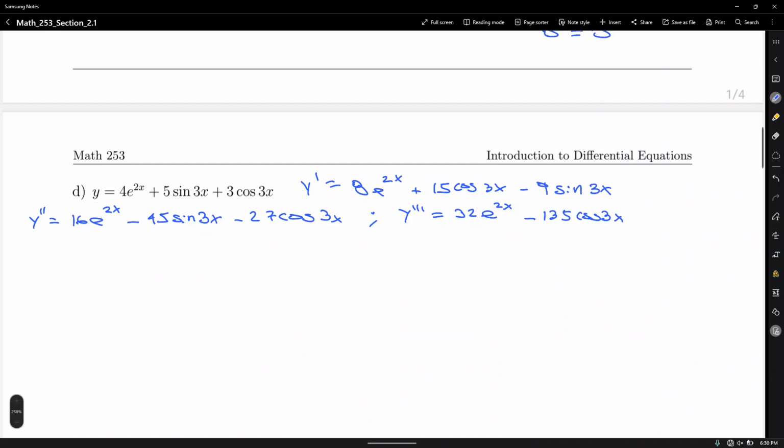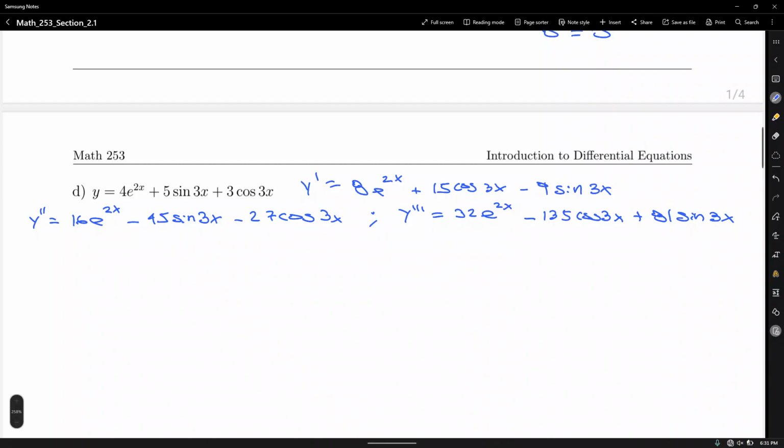And it's minus because the derivative of cosine is negative, times the negative, it's positive 81 sine 3x. All right, so those are the three derivatives of what we think is a solution. Well, we want to verify it to be a solution, of course. All right, let's substitute all this madness into the differential equation.